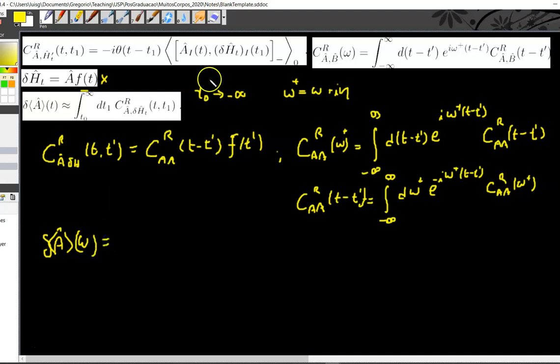Since t0 is going to minus infinity, this is simply the integral from minus infinity to infinity of dt, e to the omega plus t, delta A of t.